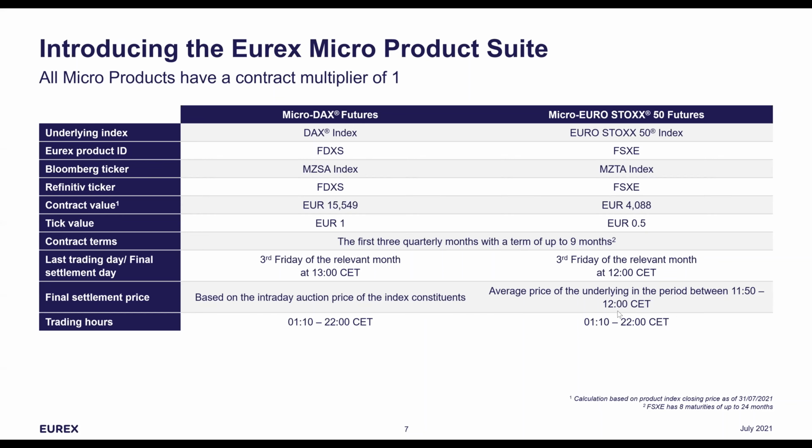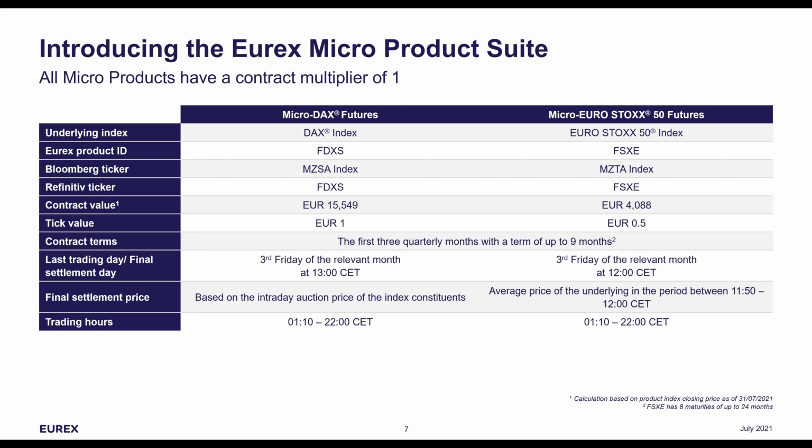The Euro STOXX trades about 1 million contracts every day, and the DAX is also a very frequently traded futures contract with about 100 to 120,000 contracts. So Eurex has an established future product on established and well-known indices, but why have we been bringing a smaller micro contract?